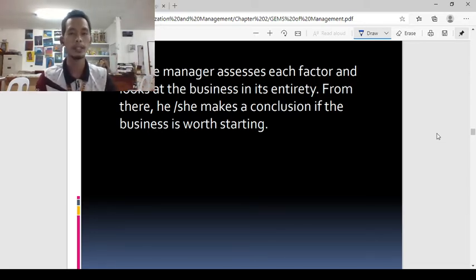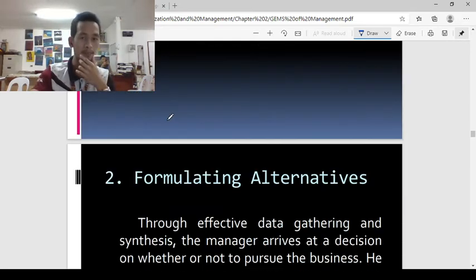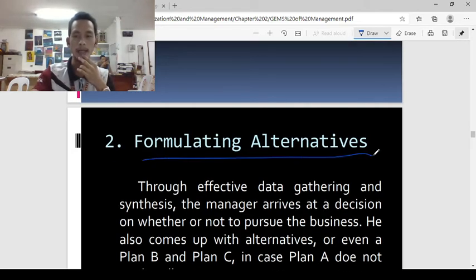So i-consider tanan ni Mang Juan. After he all synthesized the data gathered, he will now determine whether the business is worth starting. However, the next step, class, is formulate alternatives.